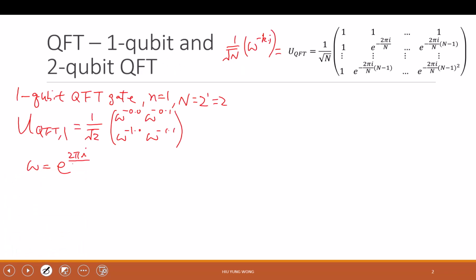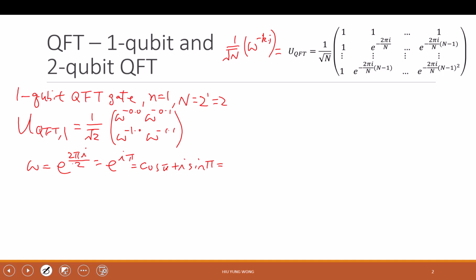Because of this, this equals e to the power i pi. And what is e to the power i pi? Cosine pi plus i sine pi, right? What is this? Equal to 1, yeah.